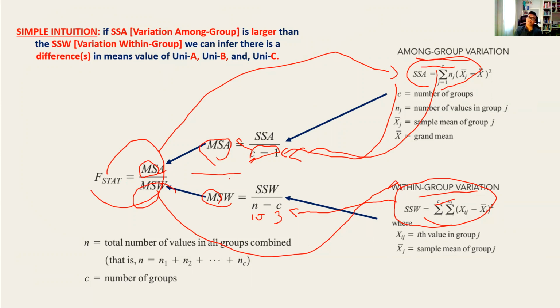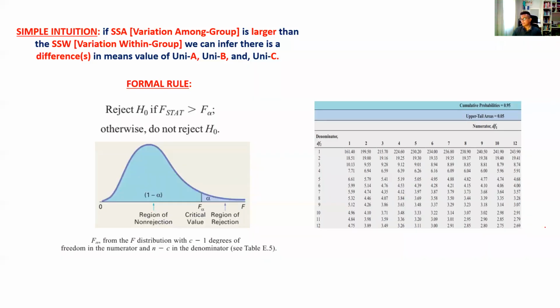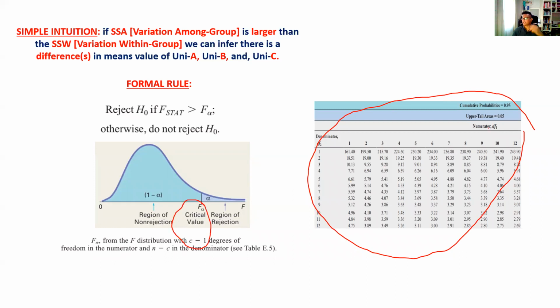Of course, we need a critical value, and how do we determine it? We use the F table, and we locate the critical value using the degrees of freedom of the among group and within group variations.